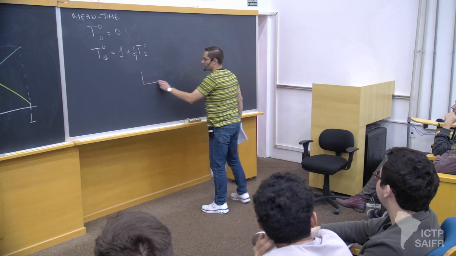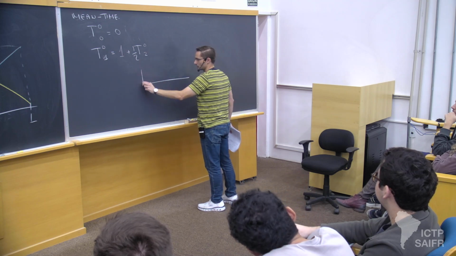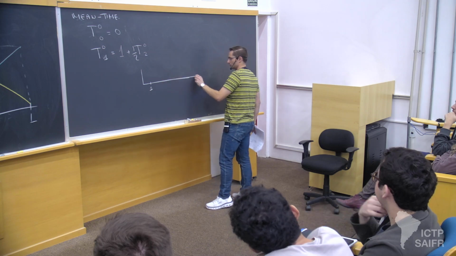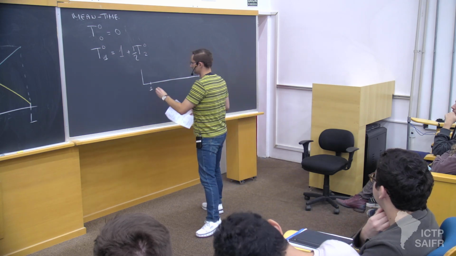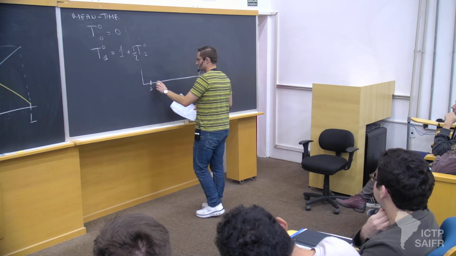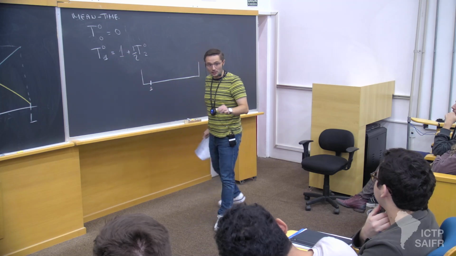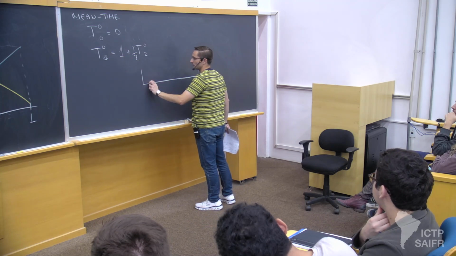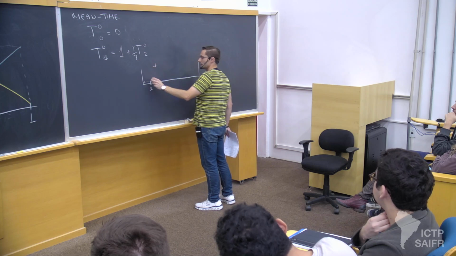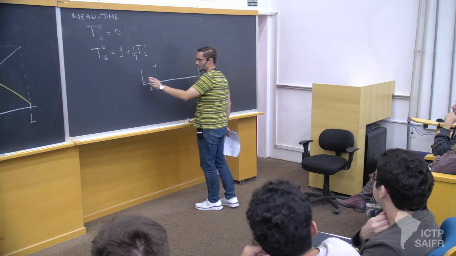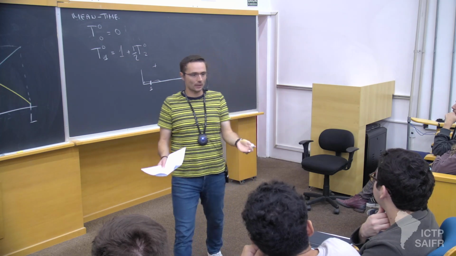Because if I am in 1, the time I will need to reach 0, in general, is going to be the time of making 1 step plus the average time to get to 0 from the neighbors, because I need to account for the time I'm using to make the step.